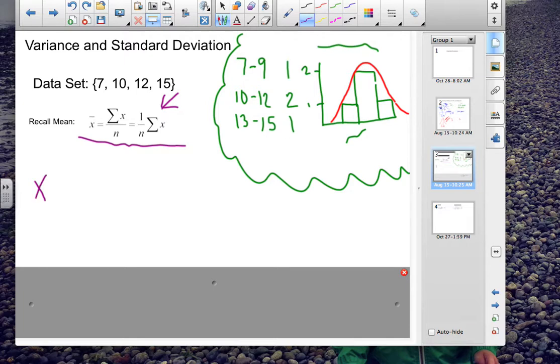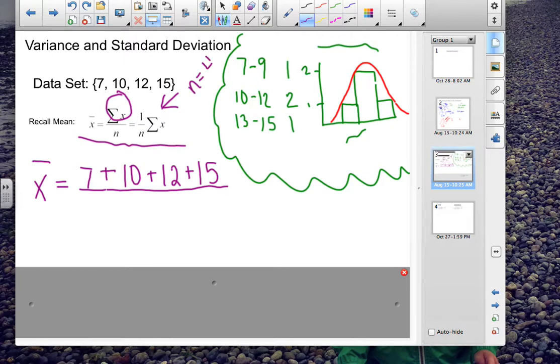So if I was going to use this formula, I would do x bar equals, and then I have the sum of the x values, the sum of my values. My first value is 7 plus 10 plus 12 plus 15. So the sum of my values divided by n. And n is how many I have, which here n is 4.